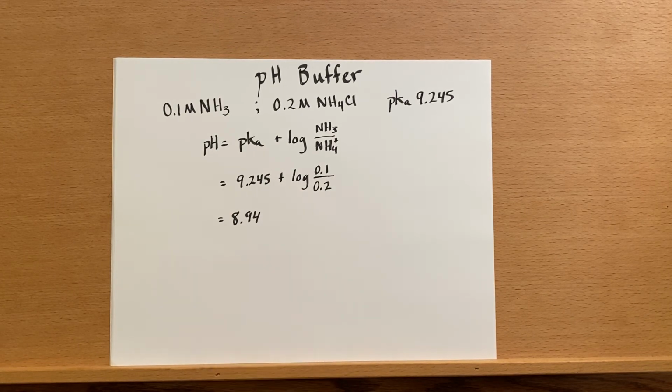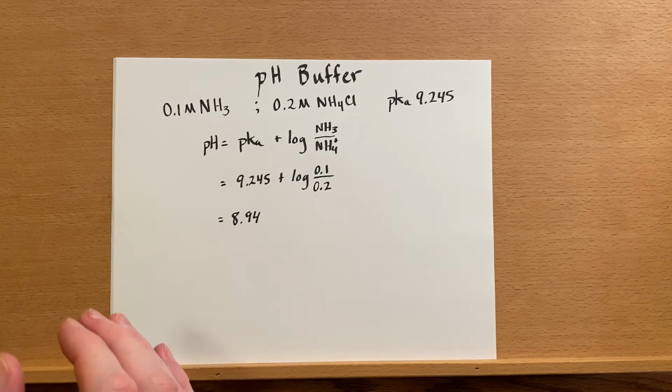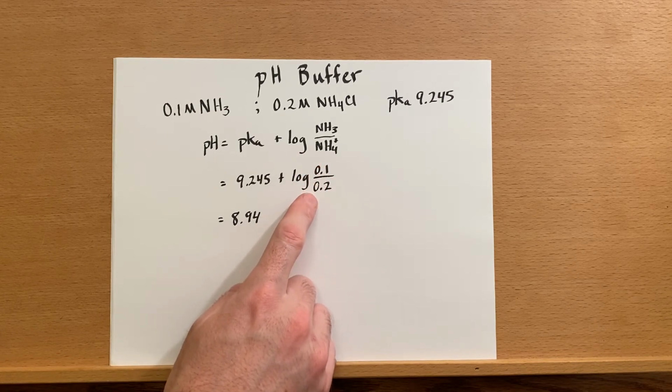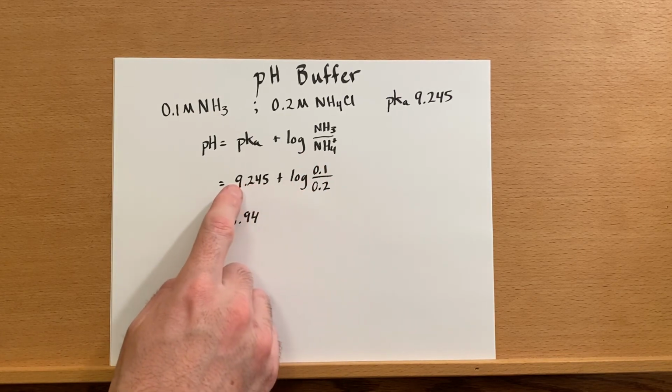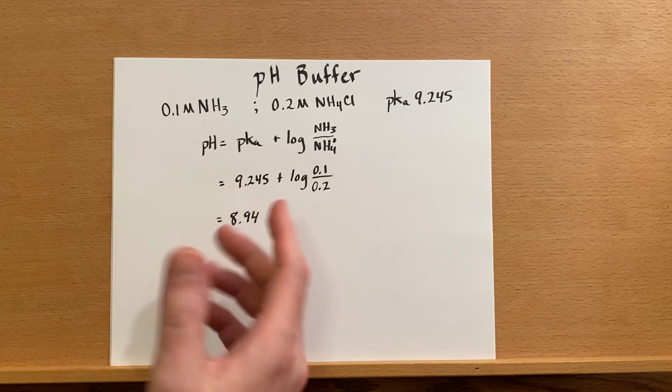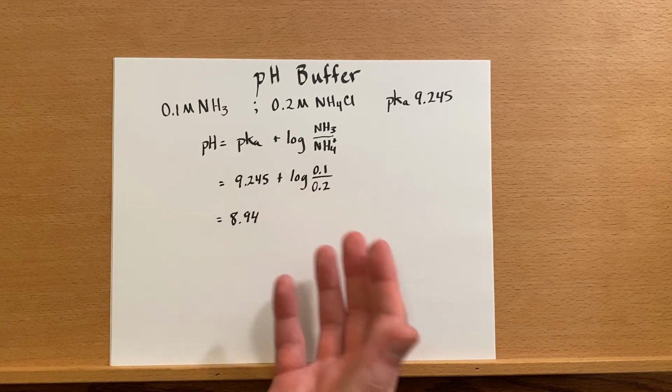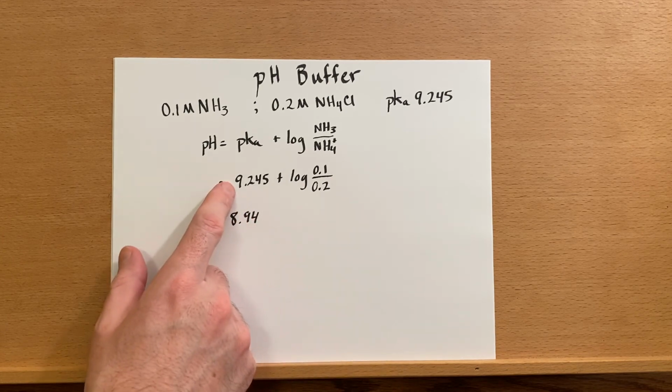And it's a good idea to keep a little bit of a track of what's happening. If these two values again were equal, then our pH would equal the pKa, and if we had more base than we had acid, then we would expect a pH that was higher than our pKa.